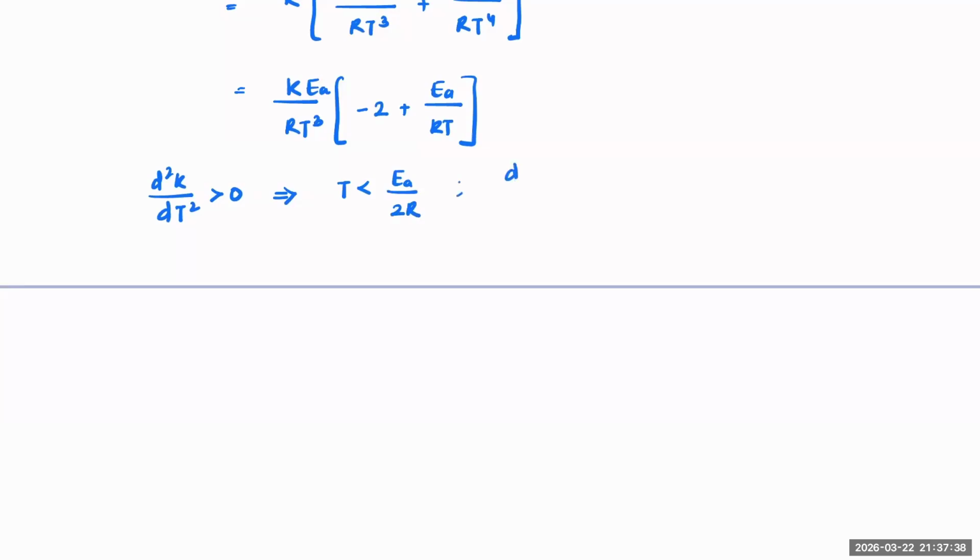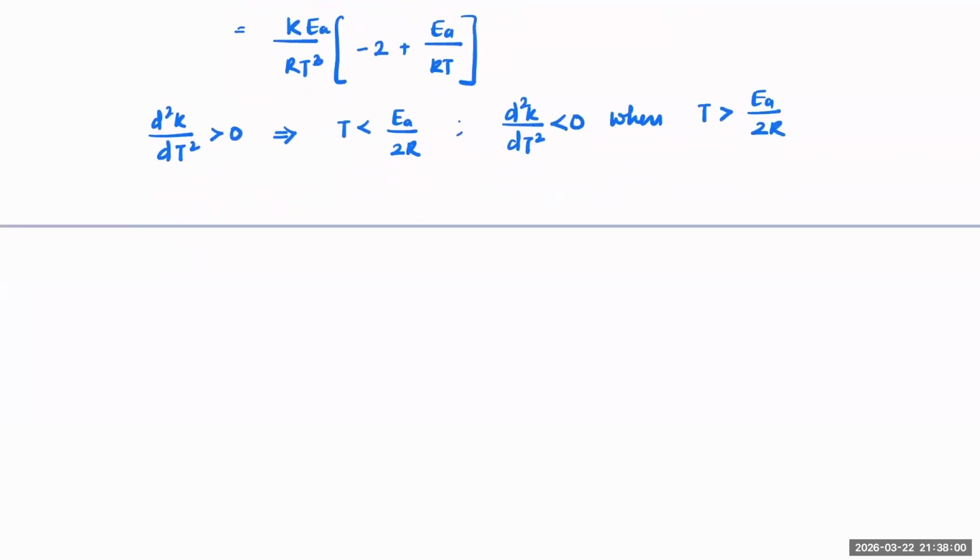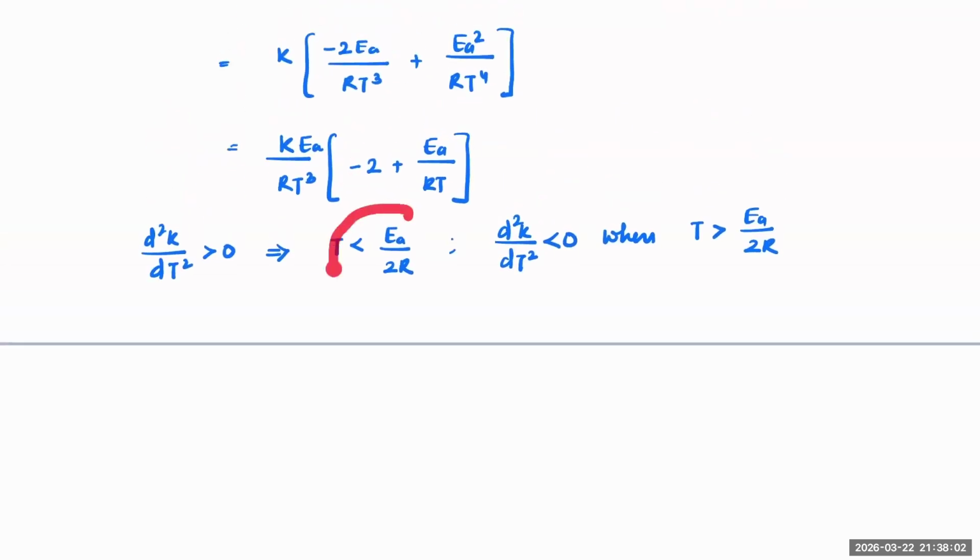And if d square k by dt square has to be less than 0, then T has to be greater than EA by 2R, which means we have noticed that at this particular value of temperature, we are getting a point of inflection, that is concavity is changing, right?